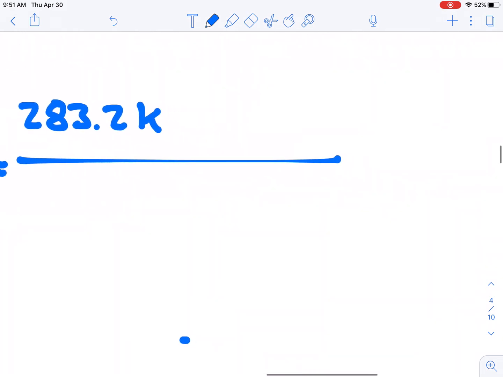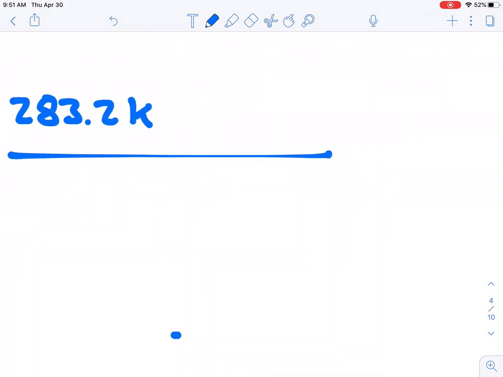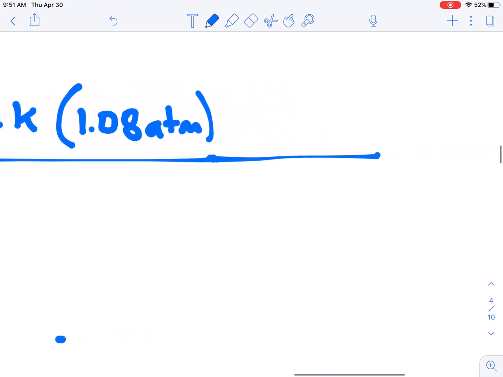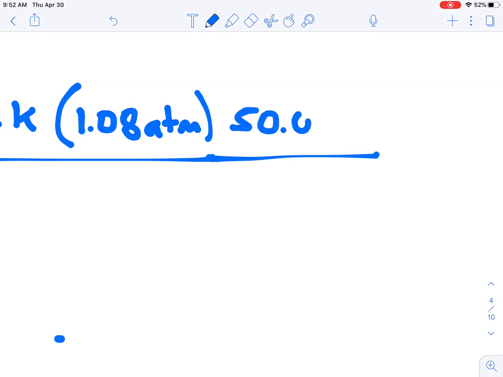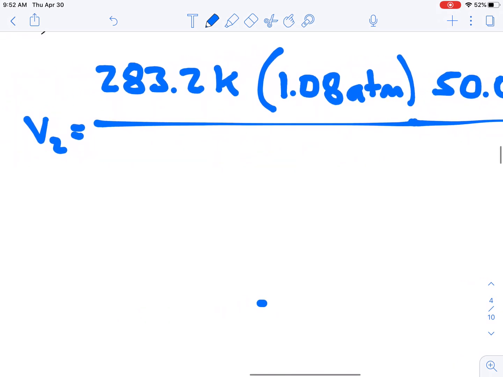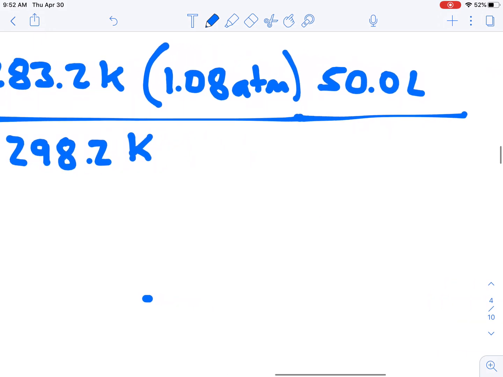So 283.2 Kelvin times that initial pressure, which was 1.08 atm, times our initial volume, which was 50.0 liters, over our initial temperature, which was 298.2 Kelvin, times that final pressure, which was 0.855 atm.